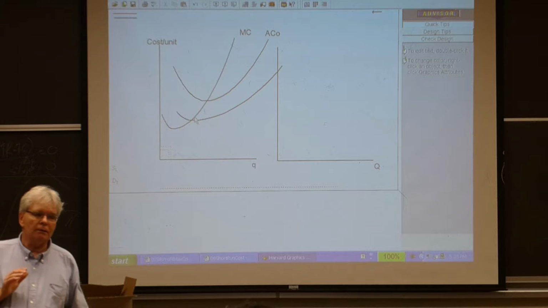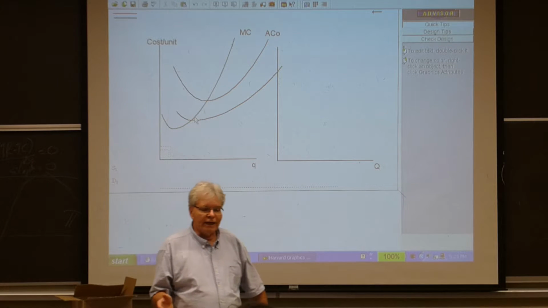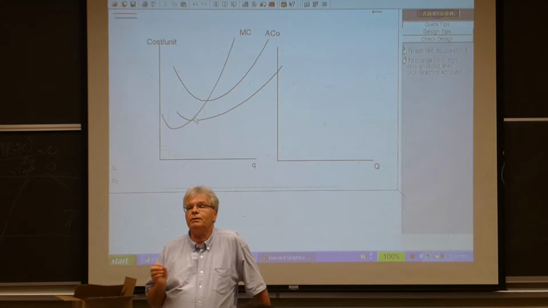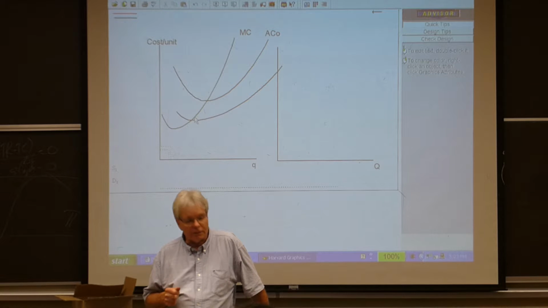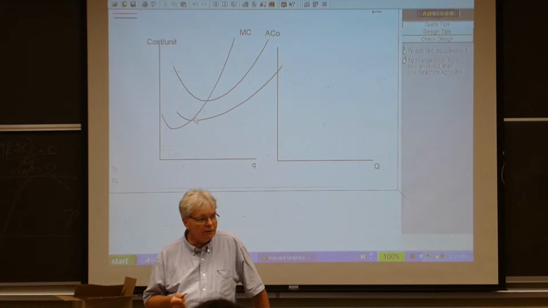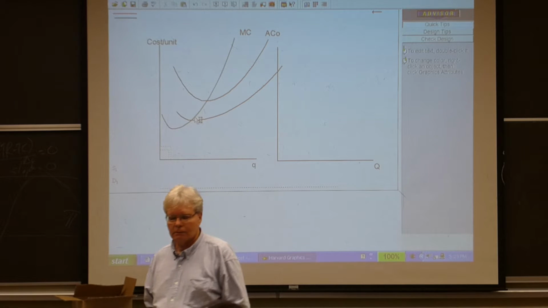The restaurant could never be producing a number of meals where the last meal produced had fallen marginal cost. Everybody? So no matter how strange that seems, it could never happen.